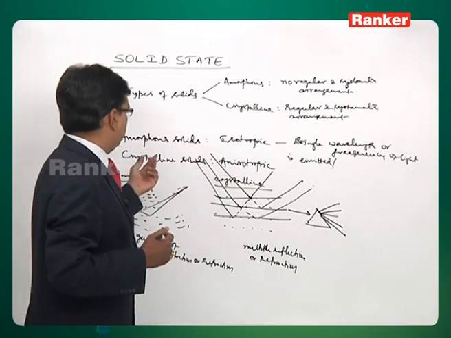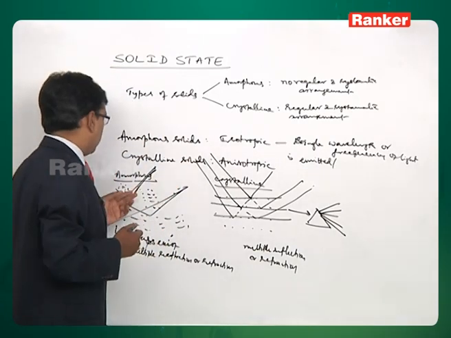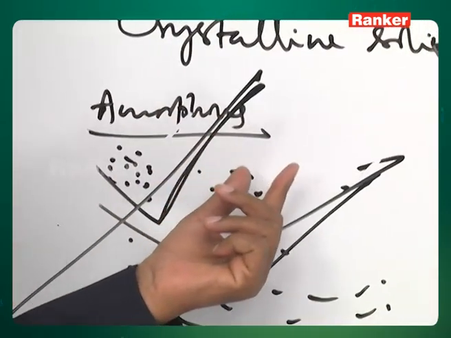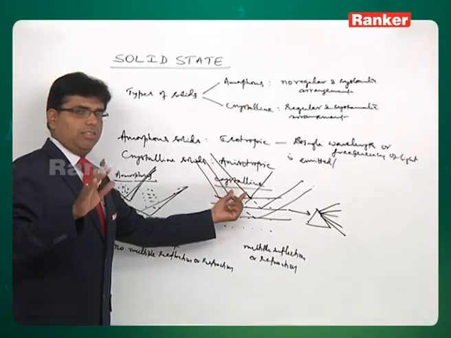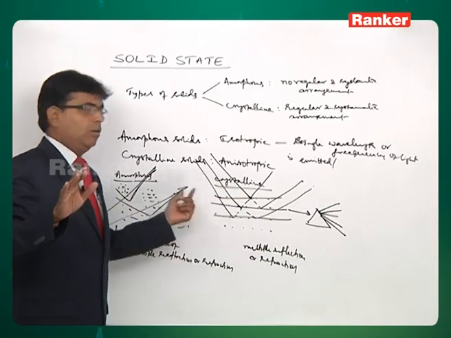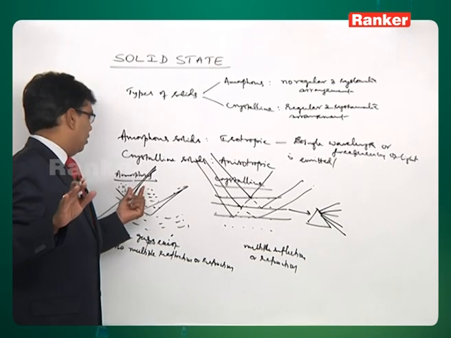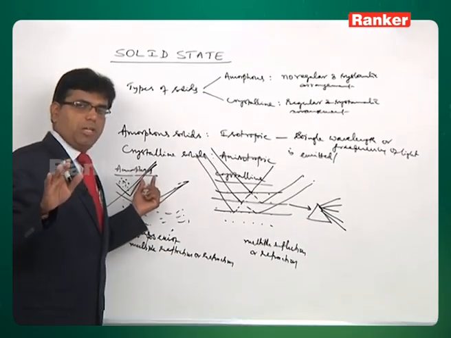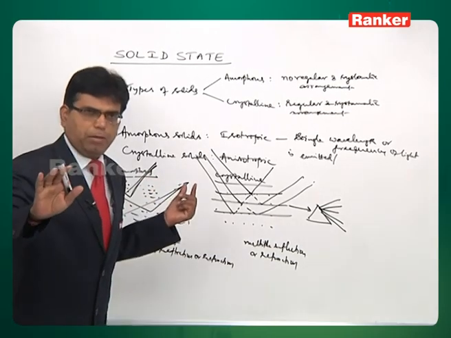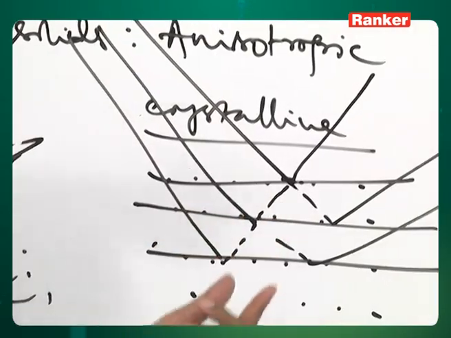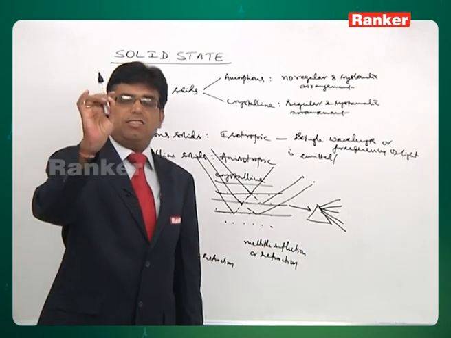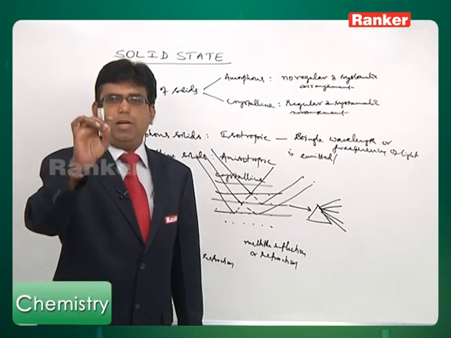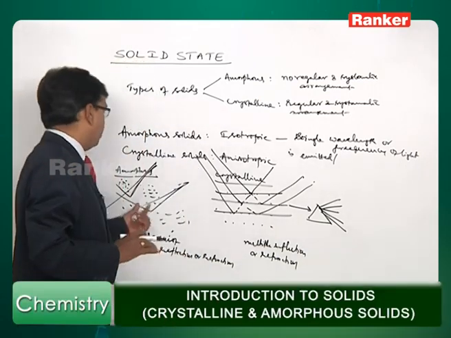So the basic differences between amorphous and crystalline solids: amorphous solids have no regular arrangement, while crystalline solids have a regular arrangement. As a result, amorphous solids do not possess a sharp melting point, whereas crystalline solids possess sharp melting points. For example, ice has a sharp melting point of 0 degrees Celsius.